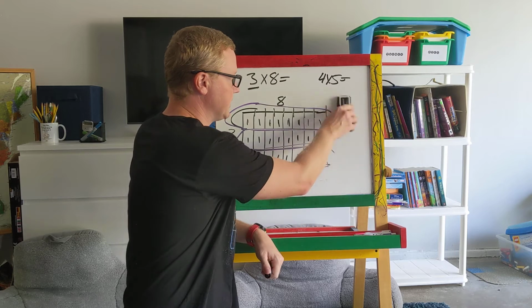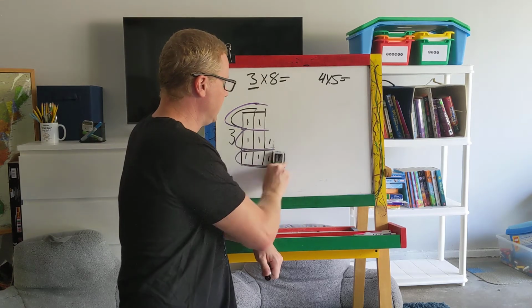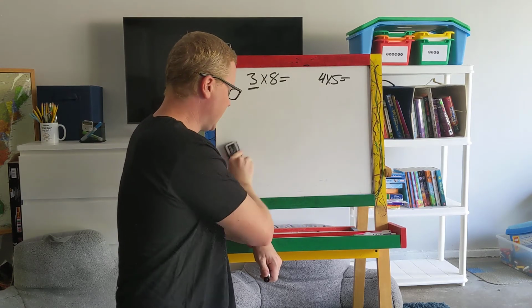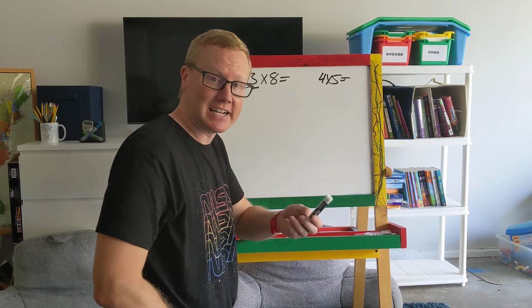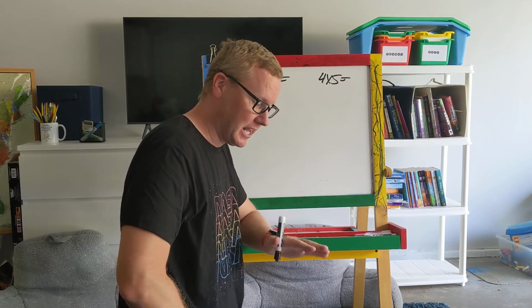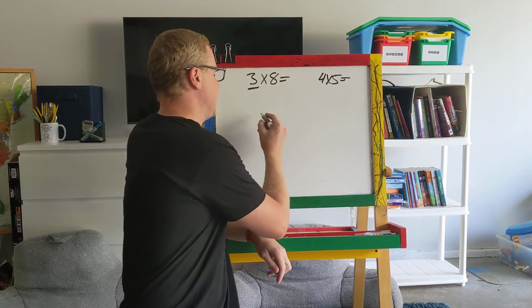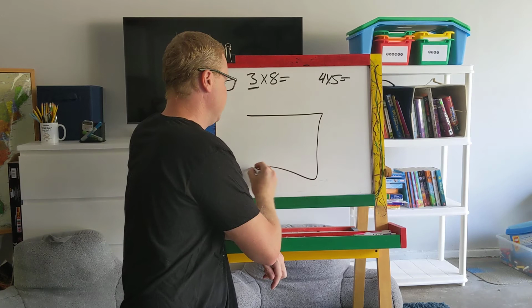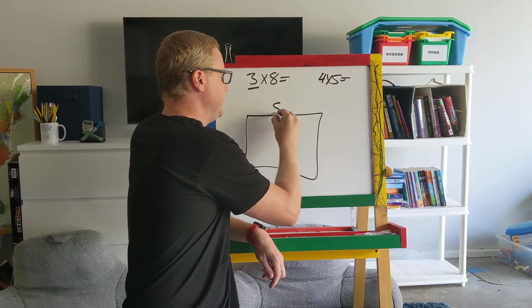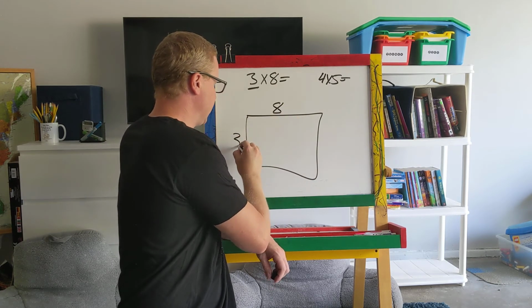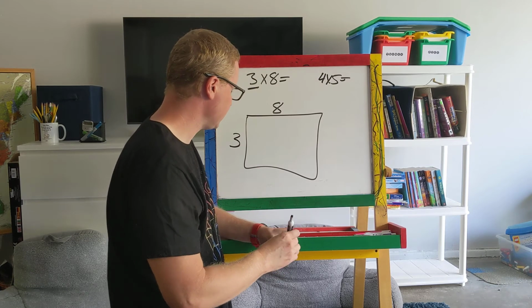So what we can do to speed it up is what we call the area model. And we are going to do a lot of that this year. If you don't have it right away, that's okay. It's going to look the exact same. I have my square here, and I have an 8 on the top and a 3 on the sides.